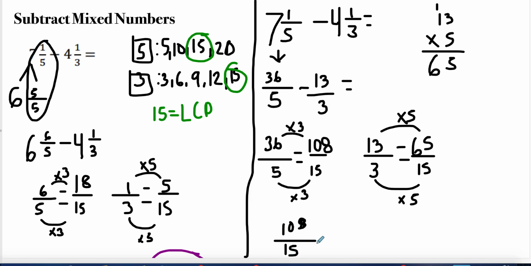108/15 minus 65/15. And I'm going to subtract over here on the side. 108 minus 65 is 43. So 43/15.